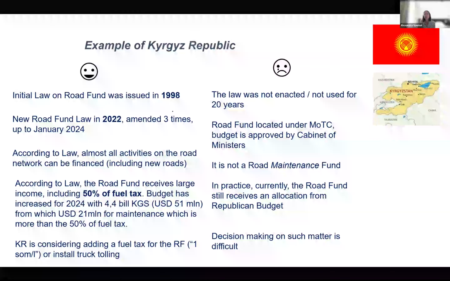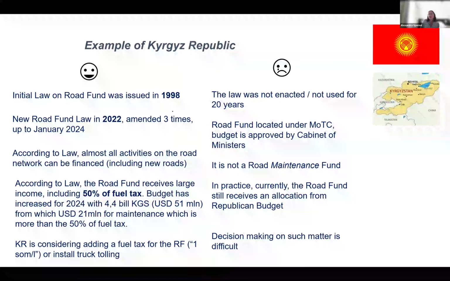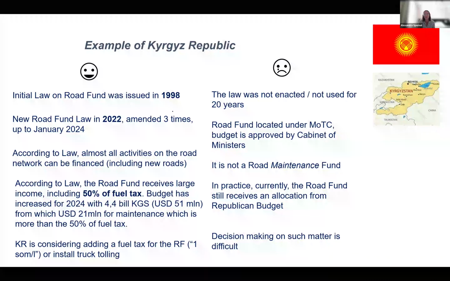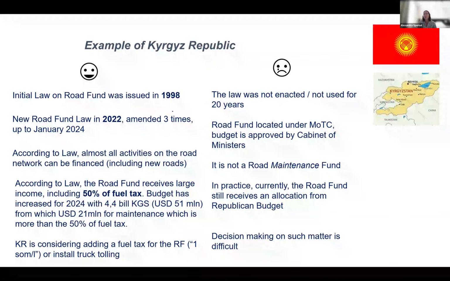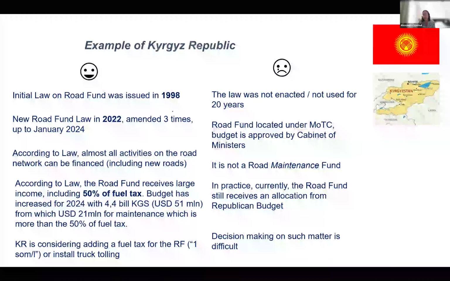One is to add a specific additional tax to the fuel. This was under discussion for the last year, and currently it's been abandoned. They call it the one sum, 1 liter approach, to say they should add something because the roads are really poor. But this is not really supported, neither by the population, nor by the parliament.